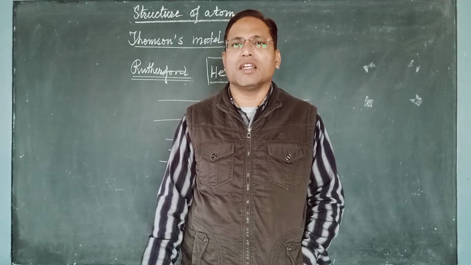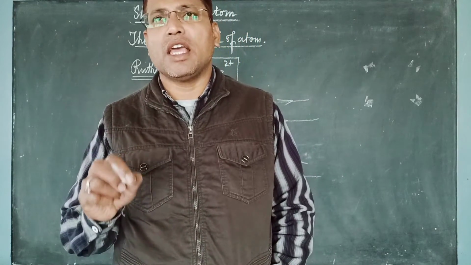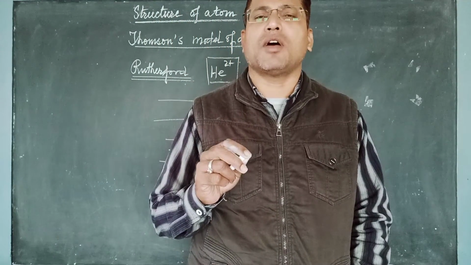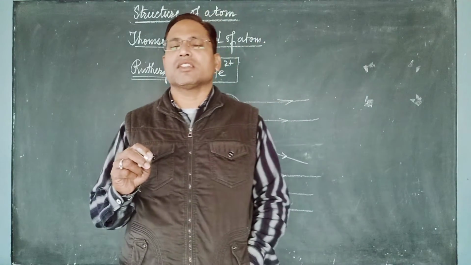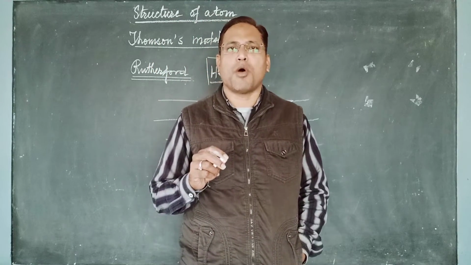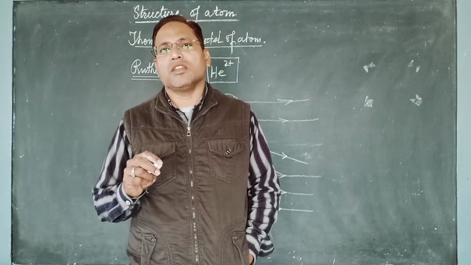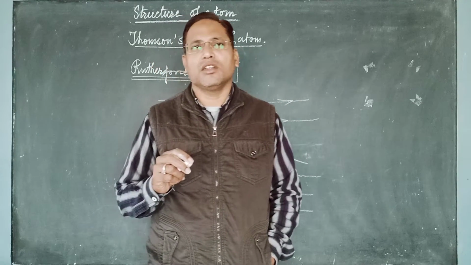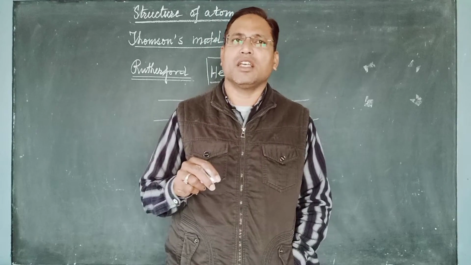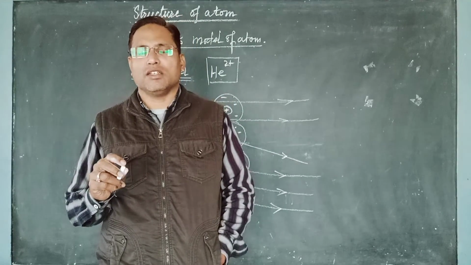So he said that this is because something heavy, something denser, something of large mass is there at the center, which is repelling it or bouncing it back towards the same side. Thus he said that in the center there is a heavy part, and it is called the nucleus.